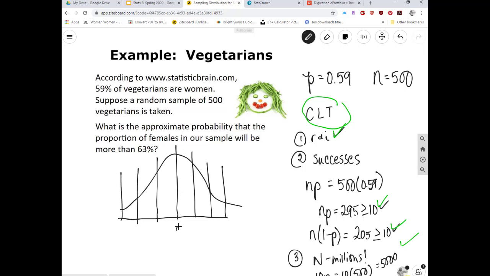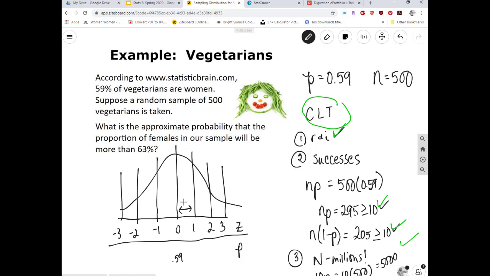Here are my z-scores: 0, 1, 2, 3, -1, -2, -3. And I know that my population proportion is going to be 0.59, so that goes in the center. But what I don't know is this distance right here. I don't know how spread out that is.